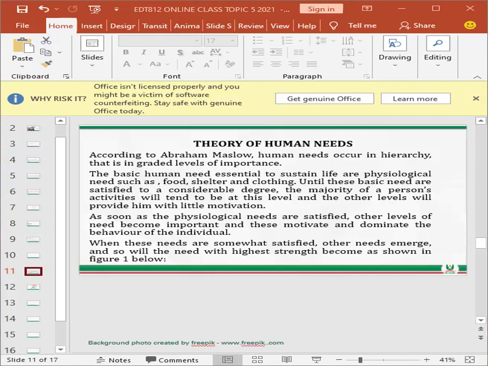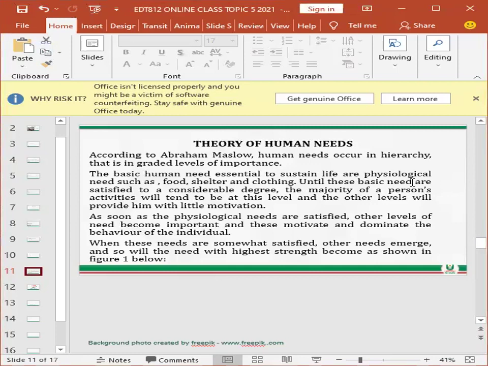Until these basic needs are satisfied to a considerable degree, the majority of a person's activity will tend to be at this level, and the other levels will provide little motivation.